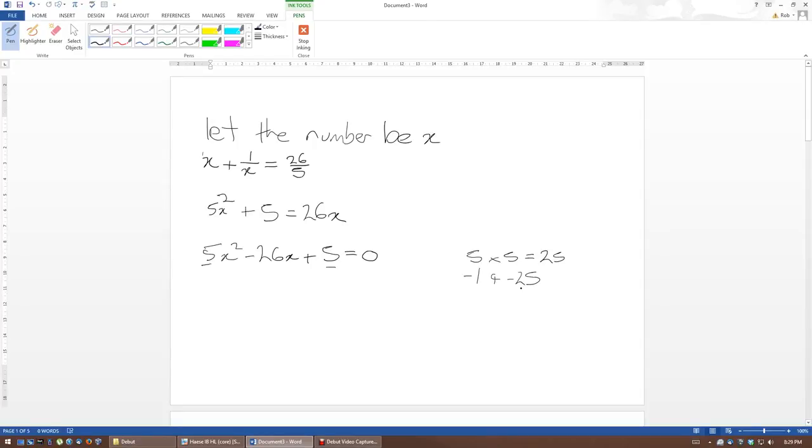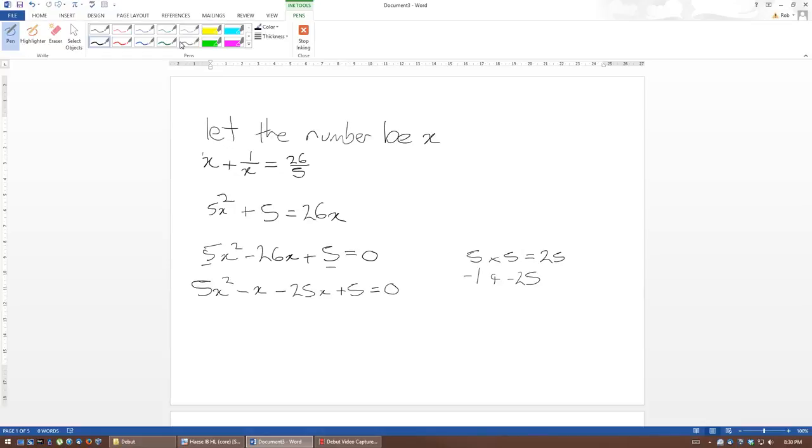Minus 1 times minus 25 does indeed give positive 25, and minus 1 plus minus 25 does indeed give us minus 26. So these are the two factors that we're going to use to split our x term. So splitting our x term now, we get 5x squared minus x minus 25x plus 5 equals 0.